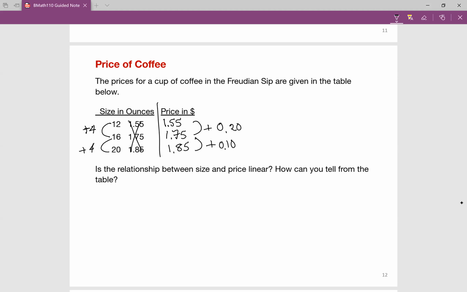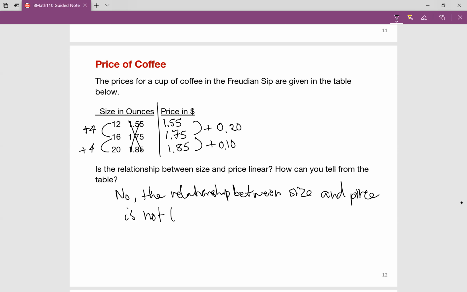So you see that the relationship between size and price is not linear.